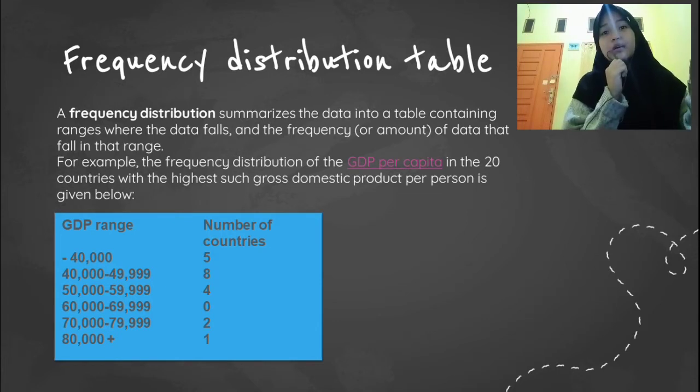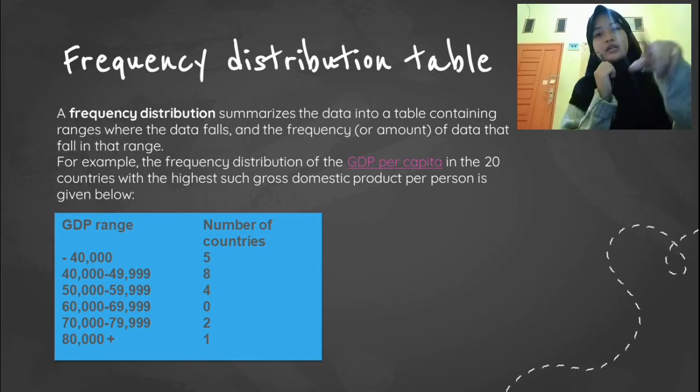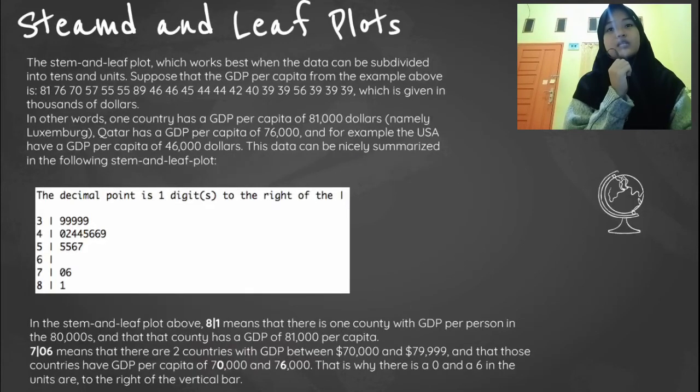The number of countries which have a GDP below 40,000 is 5 countries. So they are going to make it like a GDP range and the number of countries, and so on.